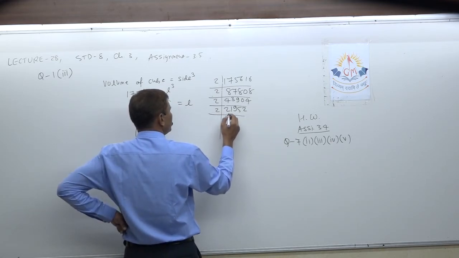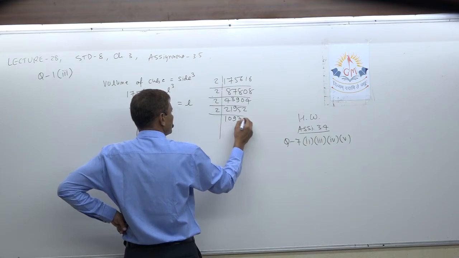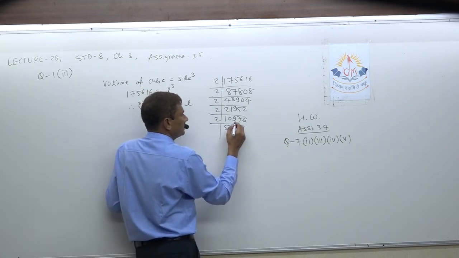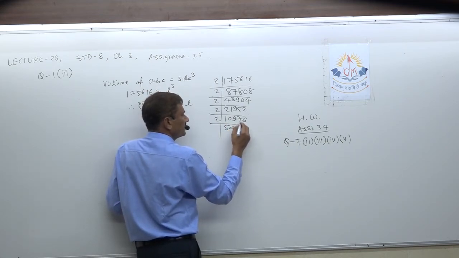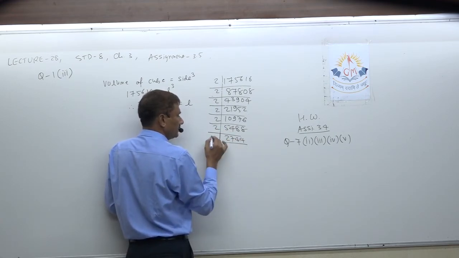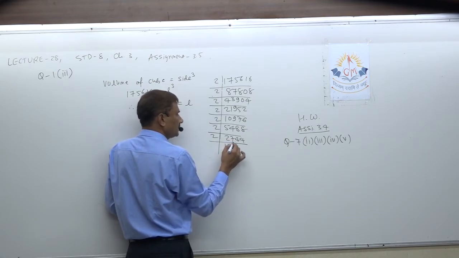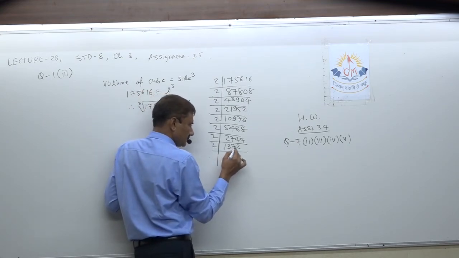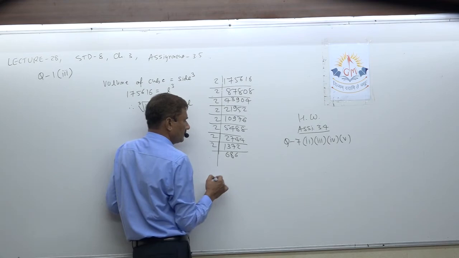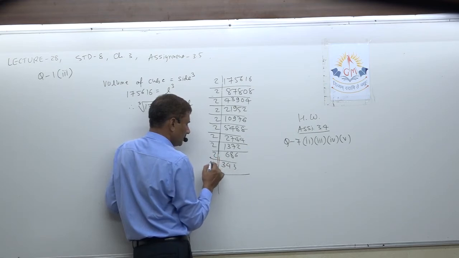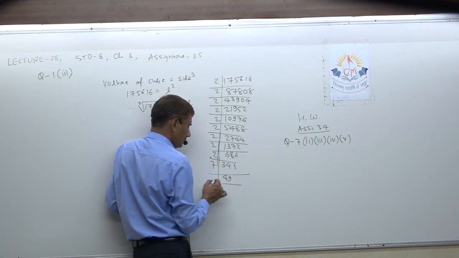Again 2, 2 1s are 2, 2 9s are 18, 2 7s are 14, 2 6s are 12. Again 2, 2 5s are 10, 2 4s are 8, 2 8s are 16, 2 8s are 16. Again 2, 2 7 4 4. Again 2, 2 1s are 2, 2 3s are 6, 2 7s are 14, 2 2s are 4. Again by 2, 2 6s are 12, 2 8s are 16, and 2 6s are 12. Again by 2, 343. Now you know it is by 7. So 7 into 49, 7 into 7, 7 into 1.